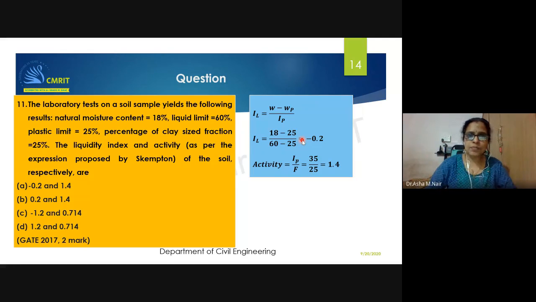IP is 60 minus 25, which is 35, divided by F, which is 25. Substituting, we get 1.4. So your option is minus 0.2 and 1.4, and the answer will be option E. Please note, this is also a 2-marker question for the GATE examination.